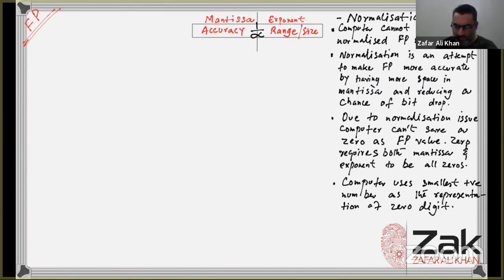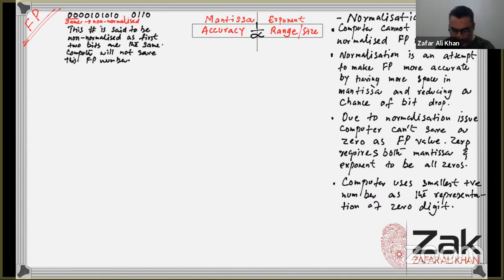We discussed it already. Then due to normalization issue, computer cannot save a 0 as floating point value. We will shed a few thoughts on it afterwards, but not now. Computers use the smallest positive number. We will discuss these two.